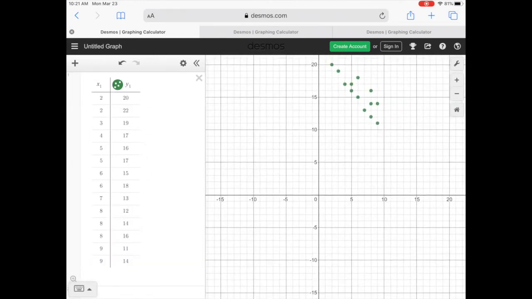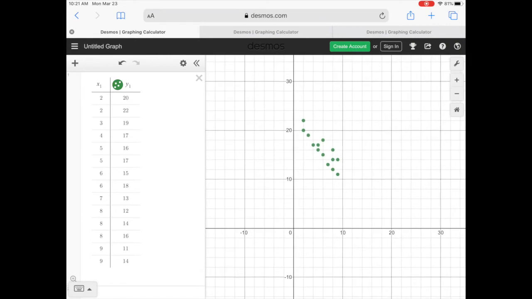Okay, once you have all your points in, we can see by zooming around on the graph where they all are.